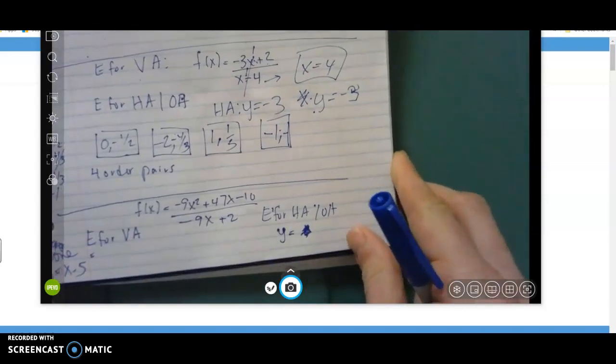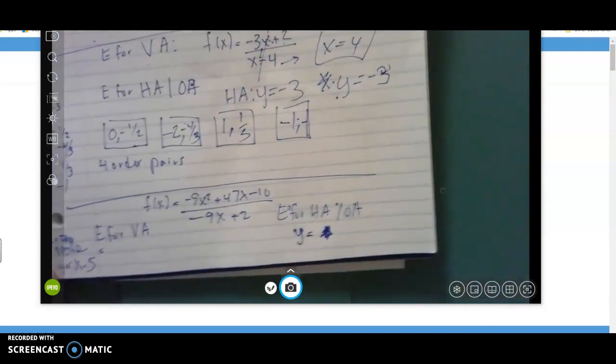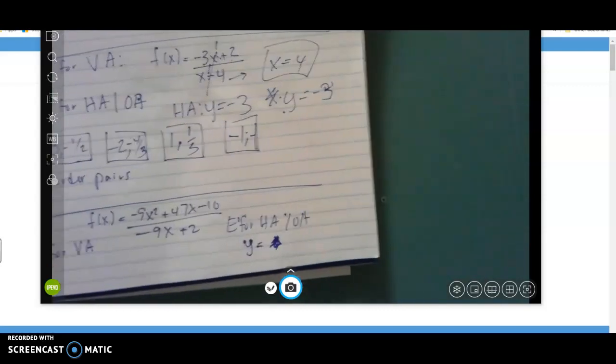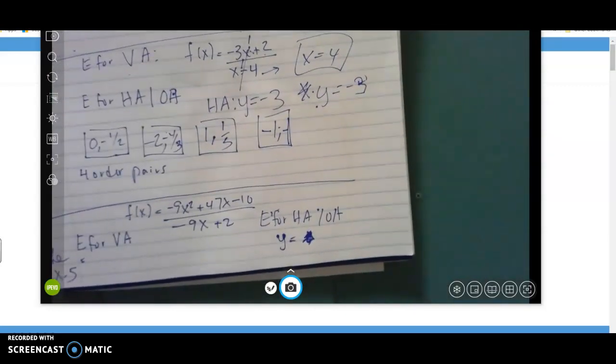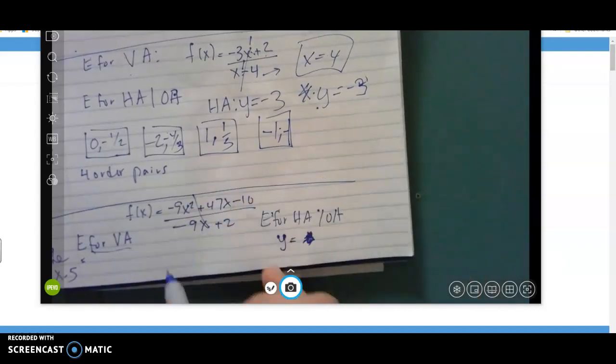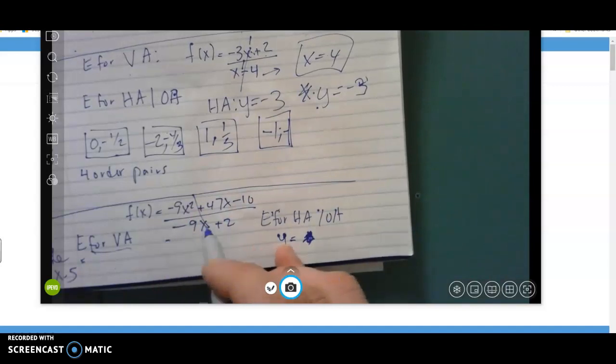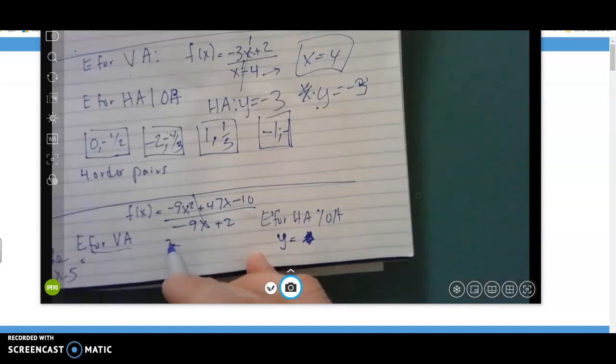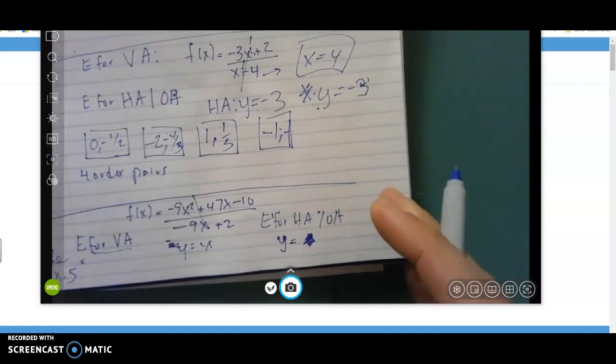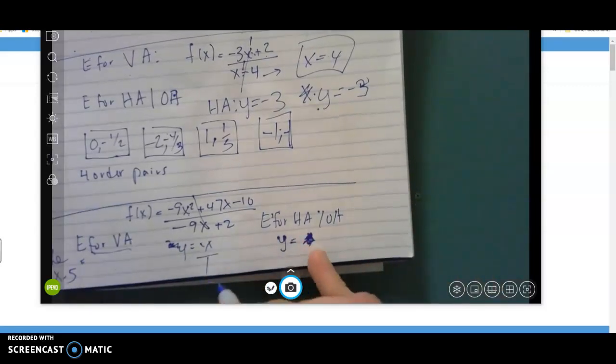Now down here, we're looking at equations for a vertical asymptote. Well, we have to try to see if we can simplify this first. If we simplify, we divide out by negative 9x, and we're going to get y equals negative x something. So I'm not going to have anything in the denominator but a 1.